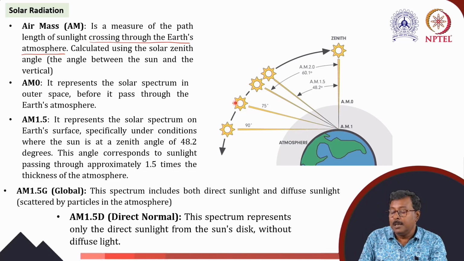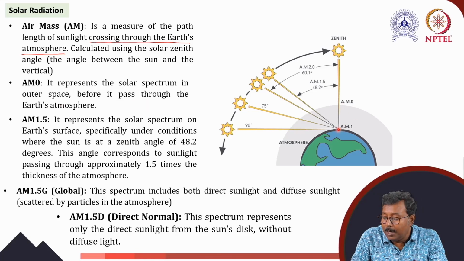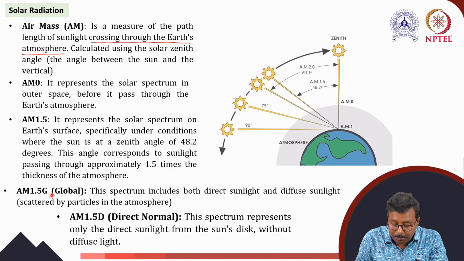Solar radiation standards are very important. AM0 is outside the atmosphere. AM1 is when the sun is exactly on top, vertically, the normal position. AM1.5 is when the angle is 48.2 degrees, and the radiation reaching here is called 1.5, which has two cases.